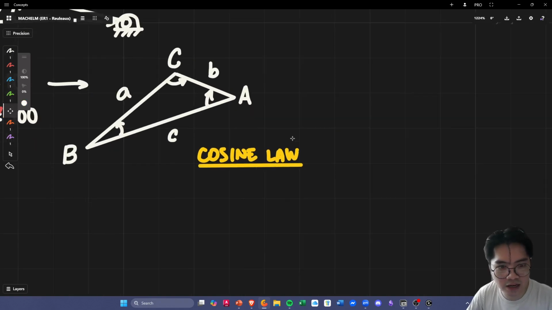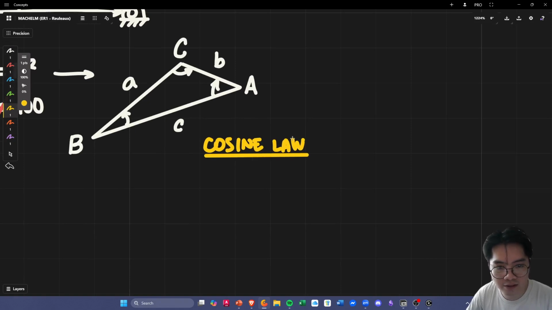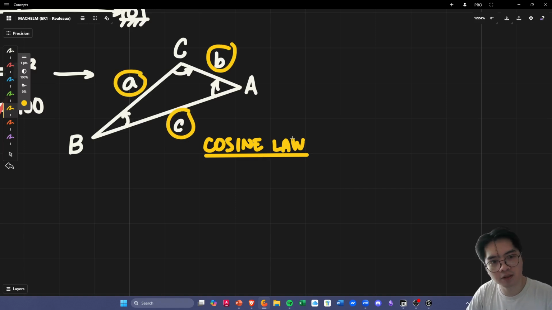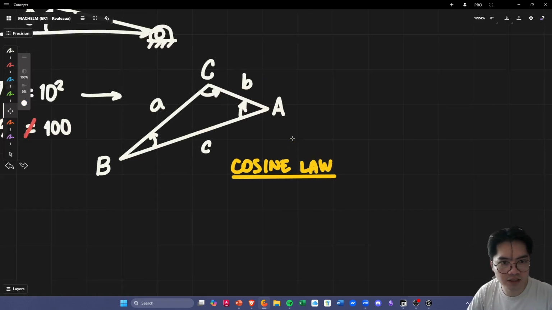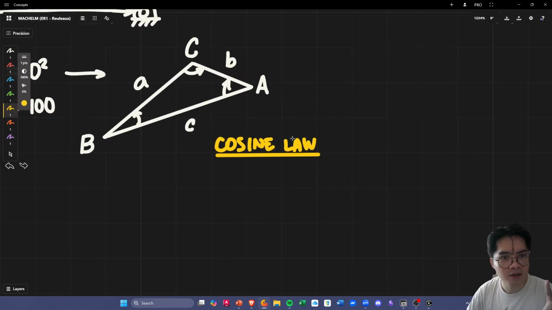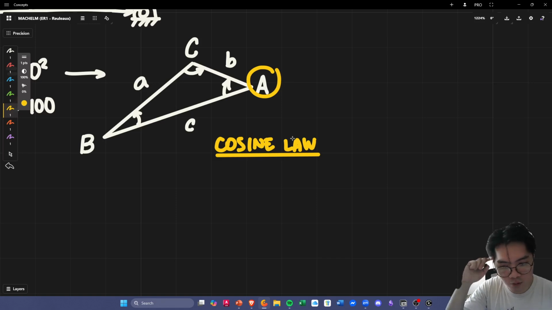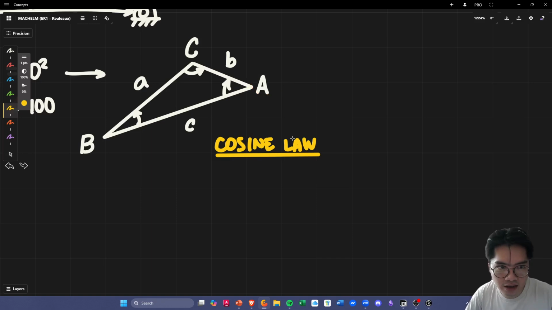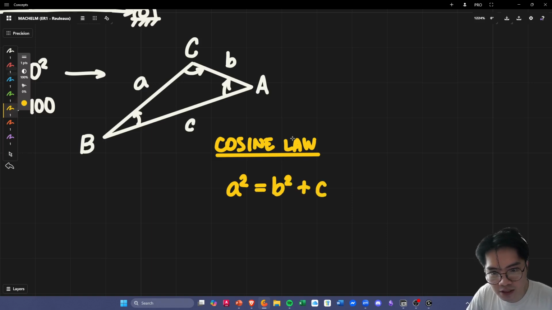if you want to get a relationship between the 3 lengths and a particular angle, say for example angle A, what you're going to have to do is something like this. You take the side length of A, so A squared is equal to B squared plus C squared.